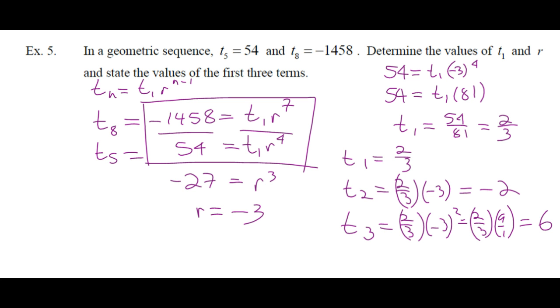After T1, there's no more fractions. You're just multiplying by negative 3, which is the easier way to get that, right? So 2/3, -2, +6, -18, +54. So our fifth term. Keep going, and in 3 more terms.